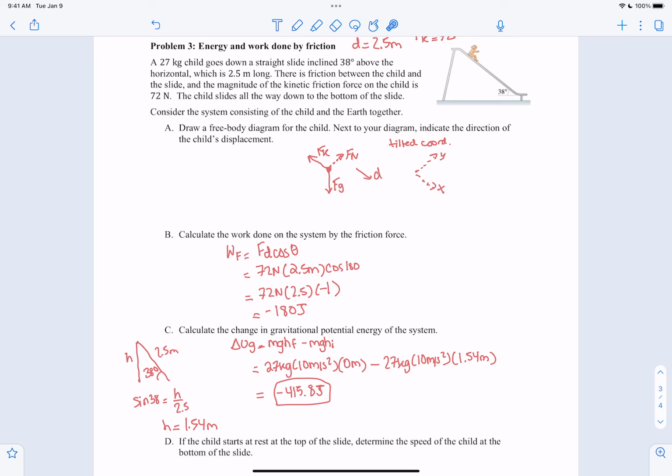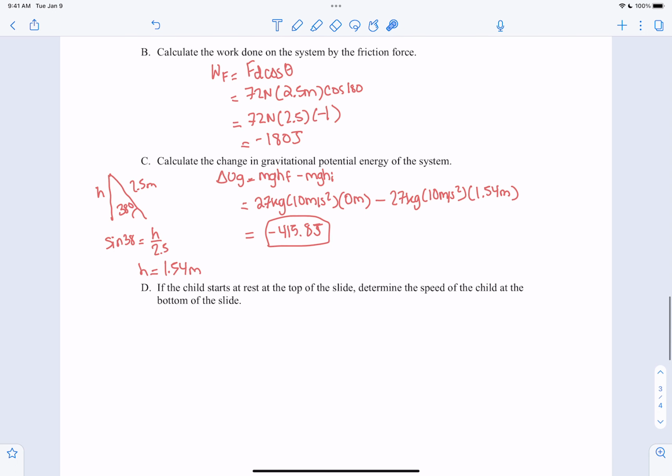So that kind of takes away 180 joules from the system. So we can think about this work as being kind of a thermal energy, or the friction force here as being your E thermal.